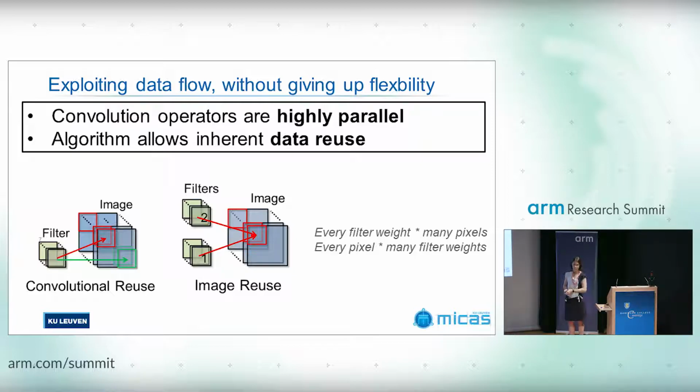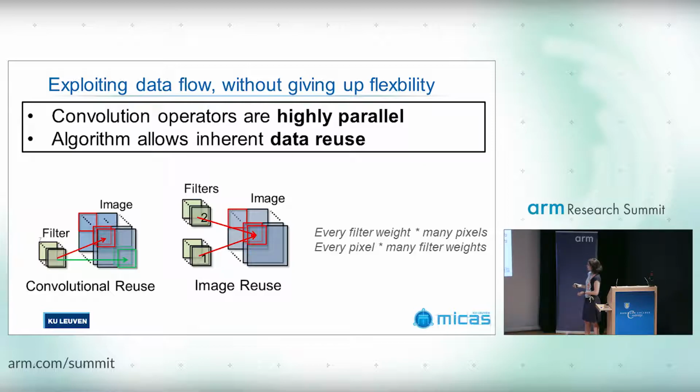What's very typical in these CNNs is, first of all, that every single filter weight, the weights of my network, is multiplied with many different pixels, because a filter slides across a whole image. At the same time, every single pixel in my image is multiplied or convolved with many different filters. And this is to create several output channels in every neural network layer.